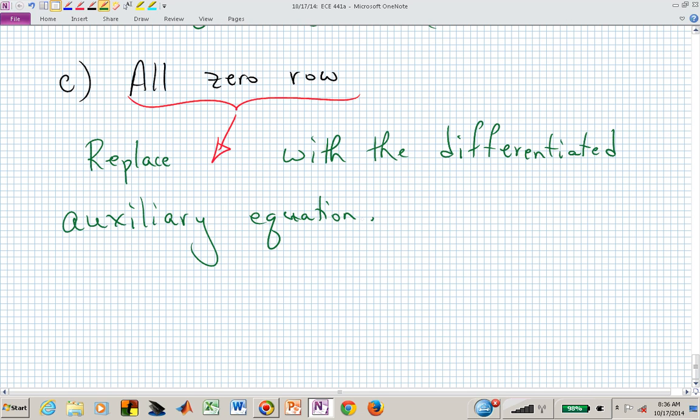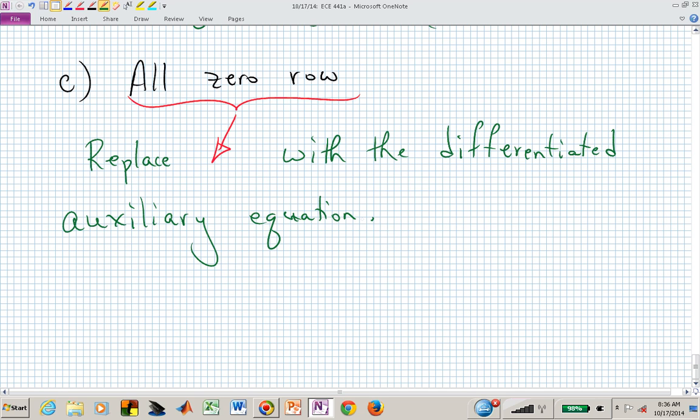We have an all 0 row. We now find an auxiliary equation, and that's just from the row above the all 0 row. We differentiate that auxiliary equation with respect to S, and that result gets placed into that all 0 row.